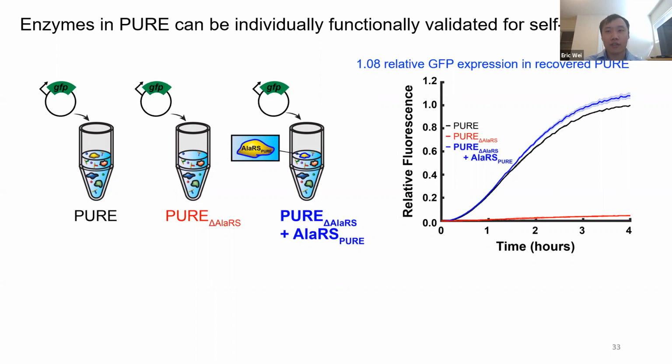It had about the same level of GFP expression as the full PURE system, but now using the alanine synthetase produced by PURE instead of the alanine synthetase that we got from E. coli that we put in the PURE system. So it shows that PURE can self-produce alanine synthetase as a subcomponent of the system.